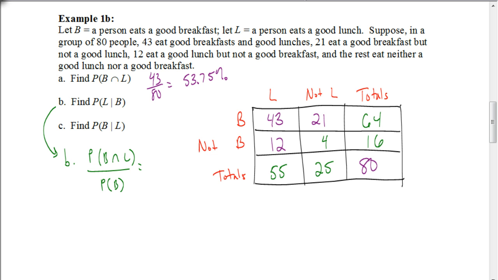Well, we just said the number of times the intersection of having a good breakfast and eating a good lunch is 43. And the probability of us eating a good breakfast was, there was a total of 64 that we can see from this table of eating a good breakfast. And 43 divided by 64 ends up giving me 0.67 or 67%.